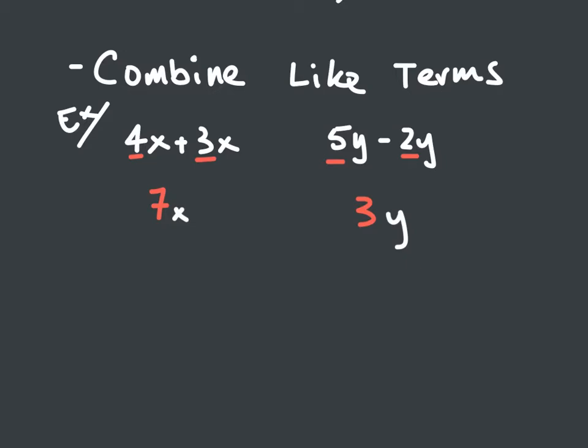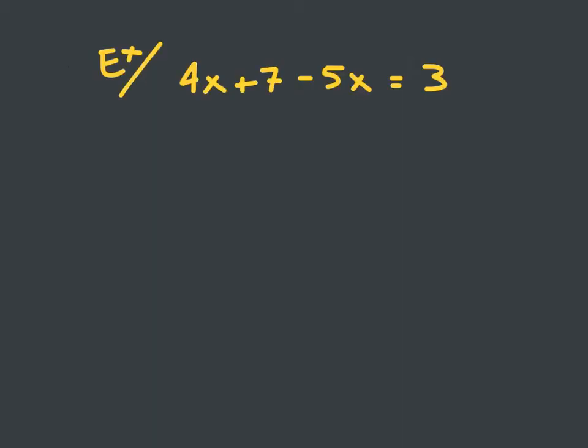Now let's look at a multi-step equation where we're going to have to combine like terms to solve. I want to solve this equation. Notice I've got 4x and a negative 5x on the left side of my equal sign. Here's my equal sign. This separates it into the left side and the right side of my equation.